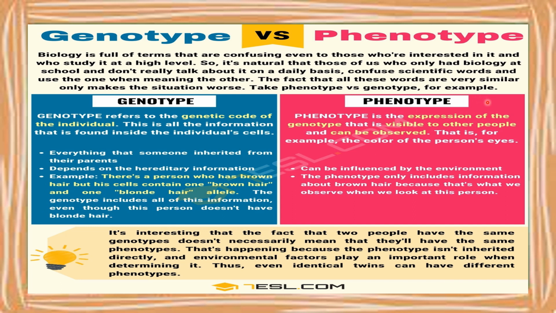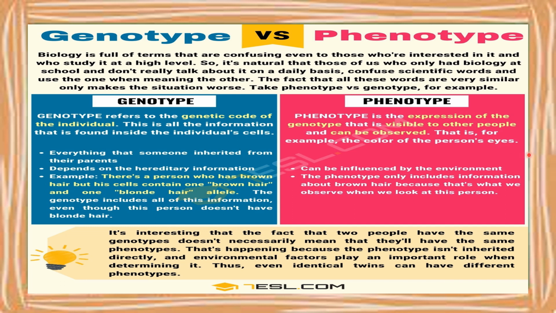Now, let's go to the phenotype. It is the expression of the genotype that is visible to other people and can be observed. That is, for example, the color of the person's eye. So when we say phenotype, it is visible to other people. It is the expression of the genotype. Pasabot, makita nimo. Ang genotype, dili nimo makita, kay genetic code siya naa sa sulod sa individual cell.